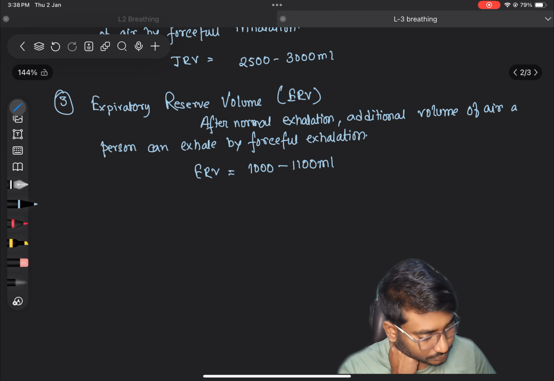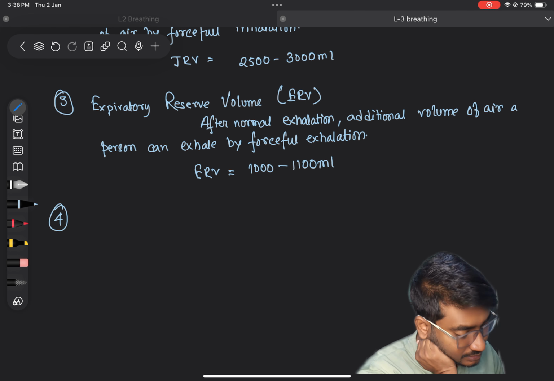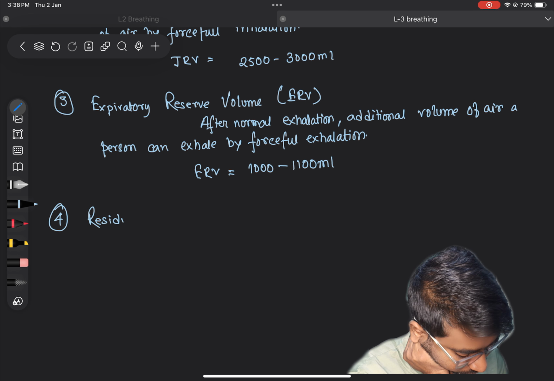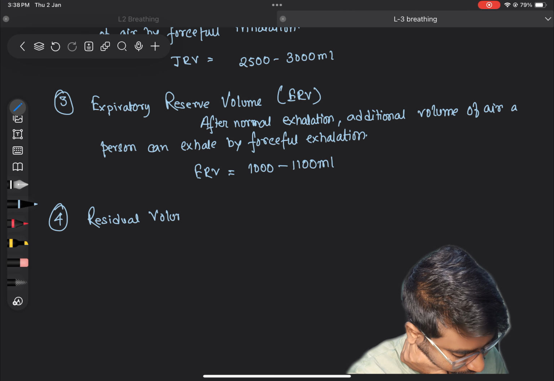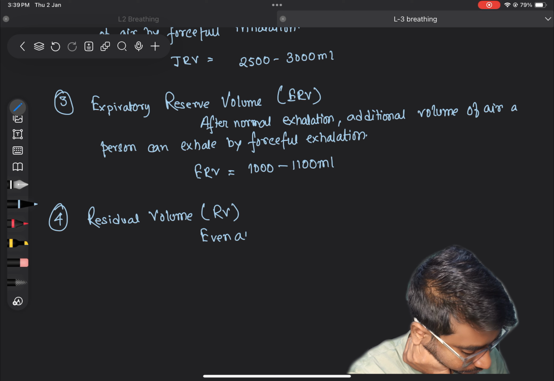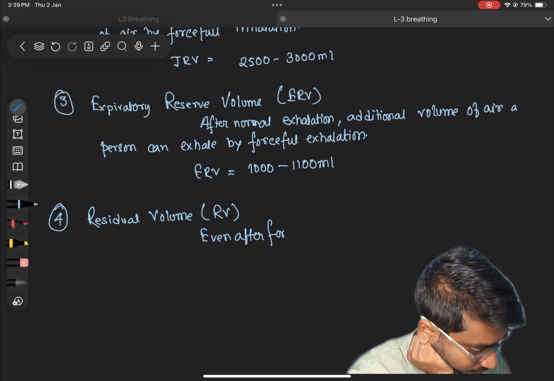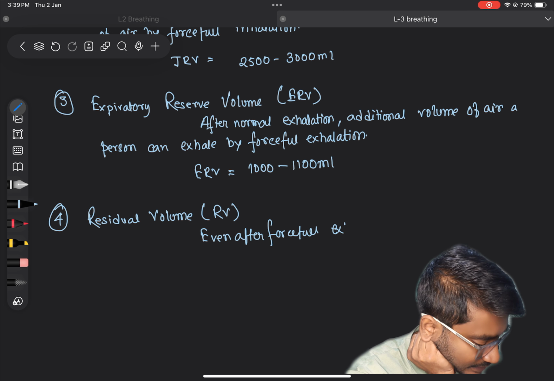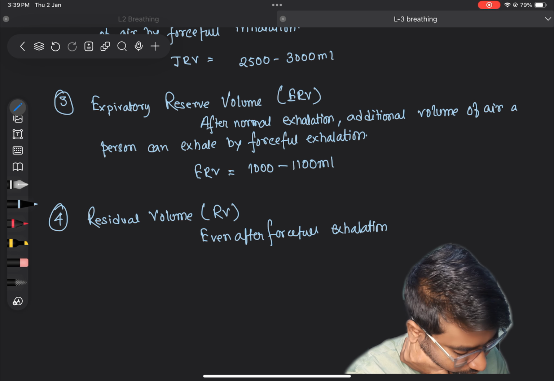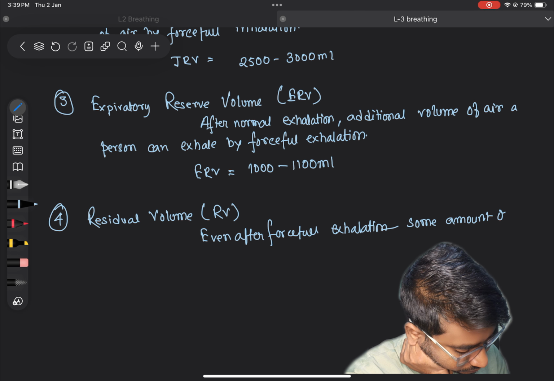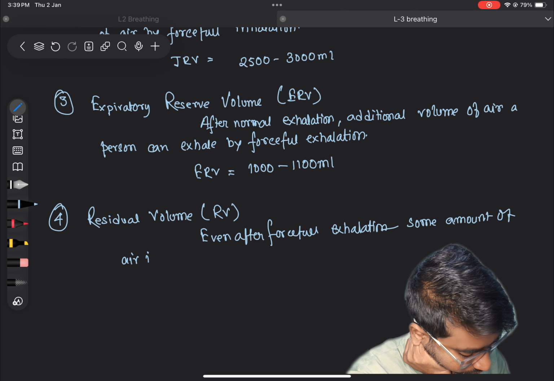Now next is the residual volume, that is RV. Even after forceful exhalation, some amount of air is still present in the lungs.